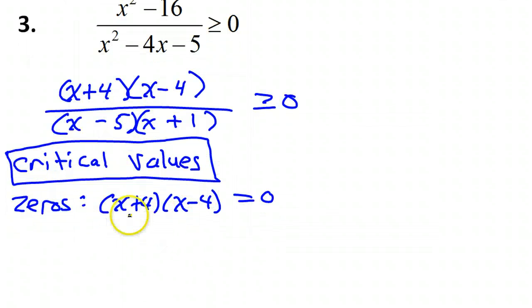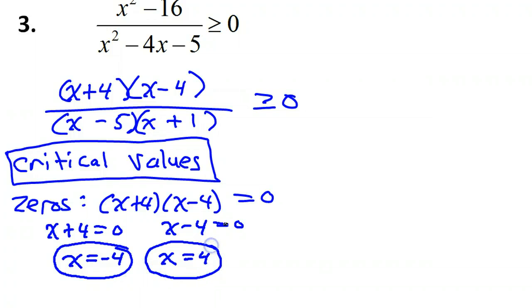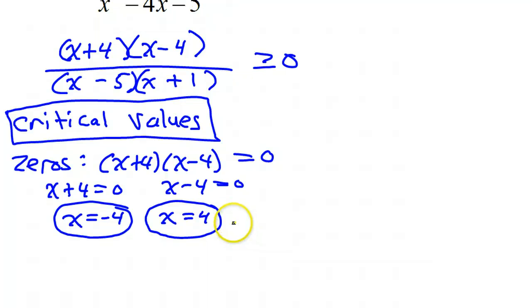So, of course, setting this equal to 0 means setting the factors equal to 0. So x plus 4 equals 0, x minus 4 equals 0. So this is going to give me x equals negative 4. So that's a 0. And this is going to give me x equals positive 4. So those are the zeros of the function.